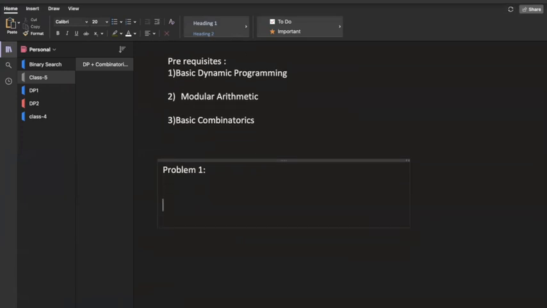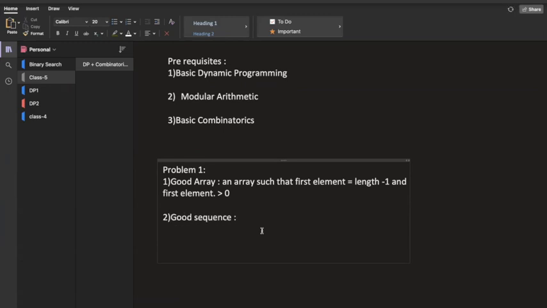So let's start by writing down some definitions. A good array is an array such that the first element is equal to length minus 1 and the first element is greater than 0. So that is a good array. And the second thing is a good sequence.